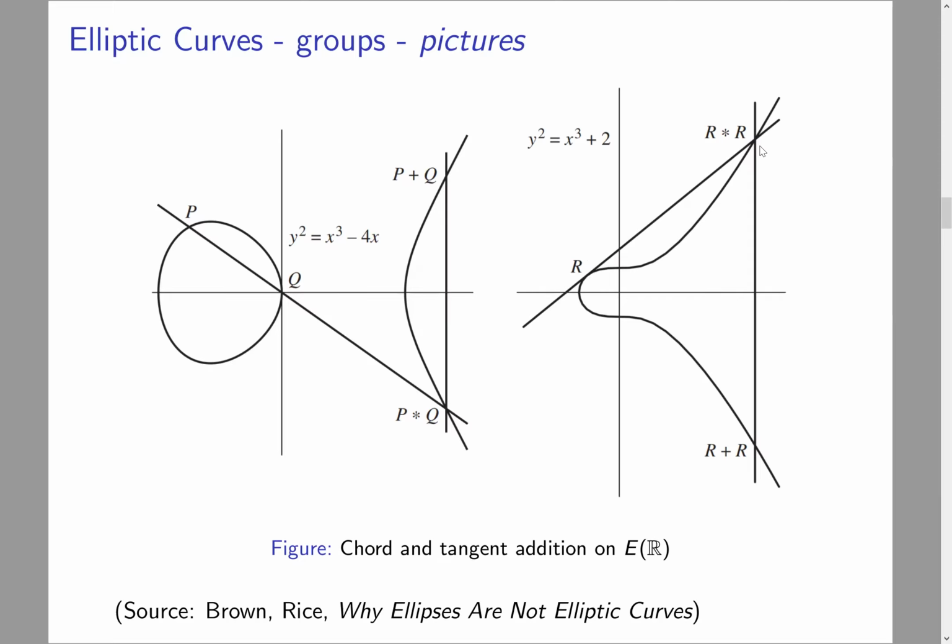So I take that line, it intersects at a third point, reflect, and there's the sum of the point with itself. And unsurprisingly, this is called the chord and tangent method, because the chord is the line joining the 2 points. The tangent, well, that's the tangent right there. And again, these are pictures of the addition when you work on the set of real points.